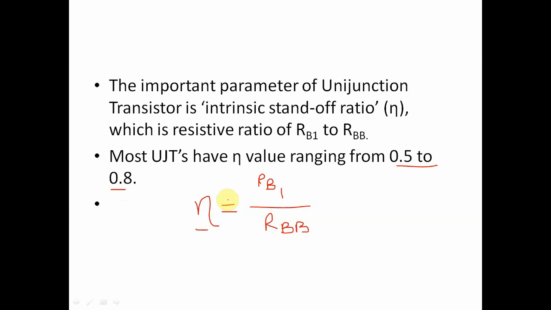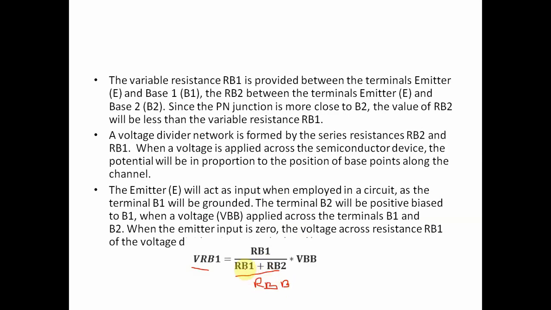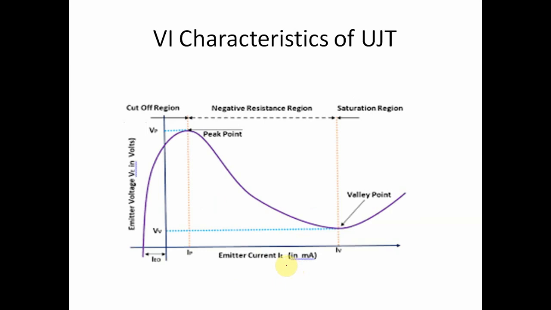The definition of the intrinsic standoff ratio is that it is the ratio of RB1 divided by RBB, where RBB is nothing but RB1 plus RB2.